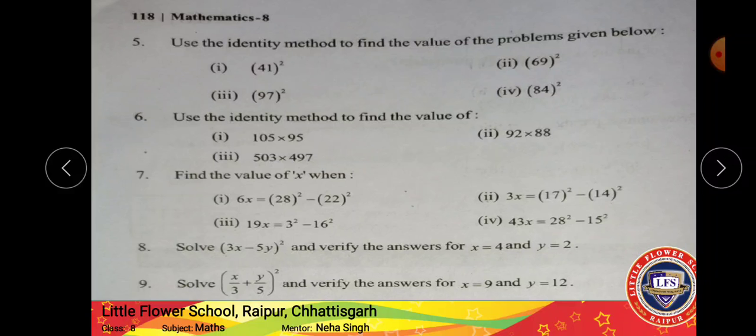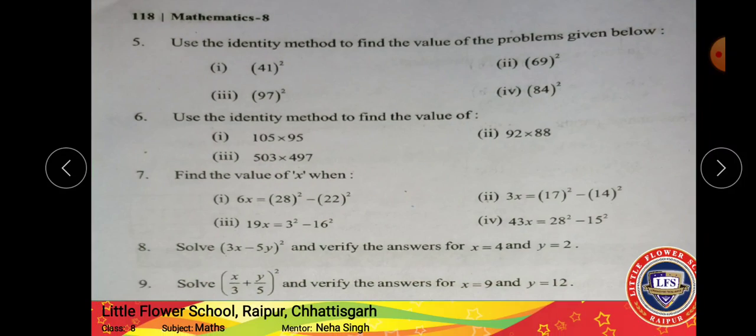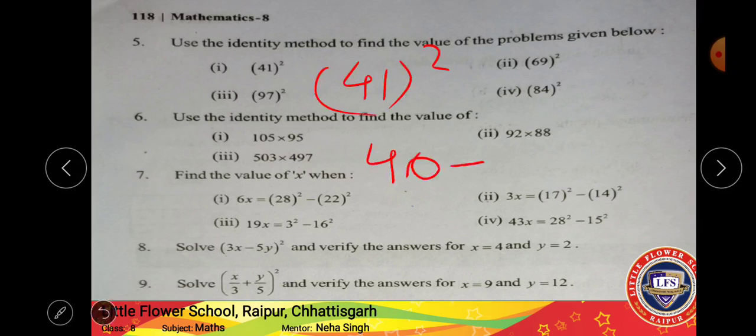So first of all, see, how can I write 41? Can I write 41 square as (40 plus 1) whole square? Now it has been changed to the (a plus b) whole square formula.